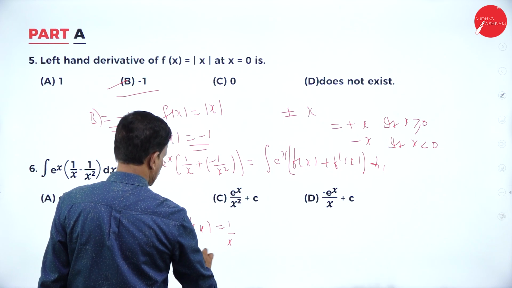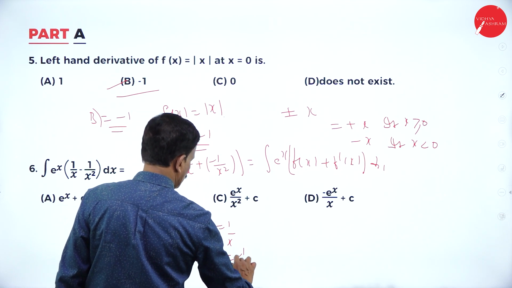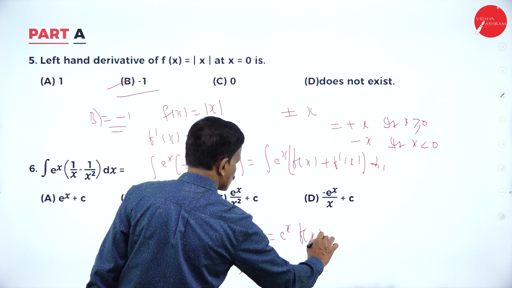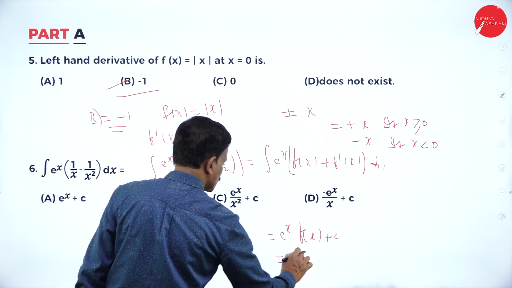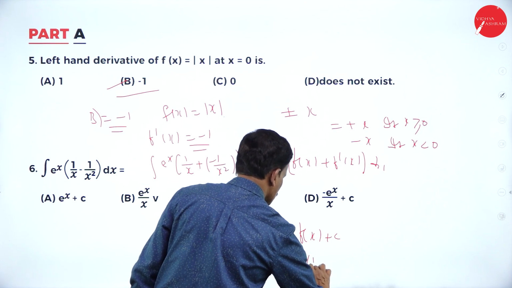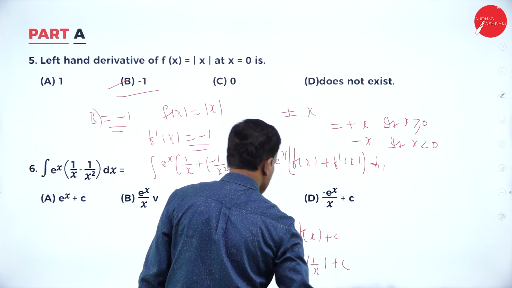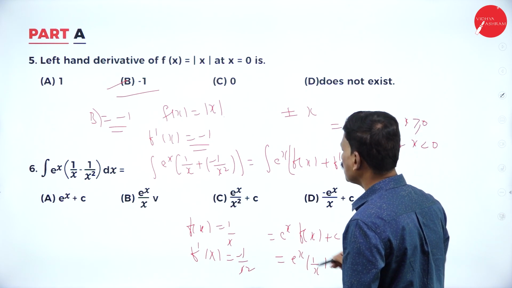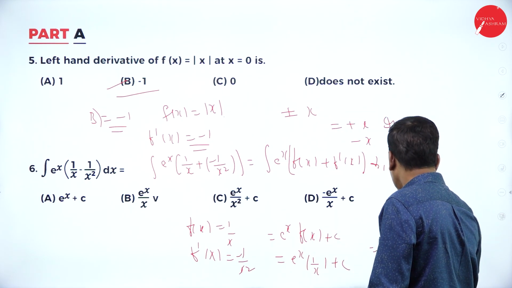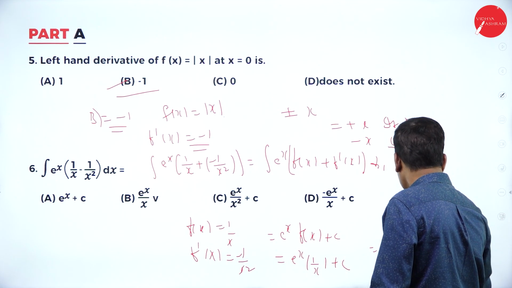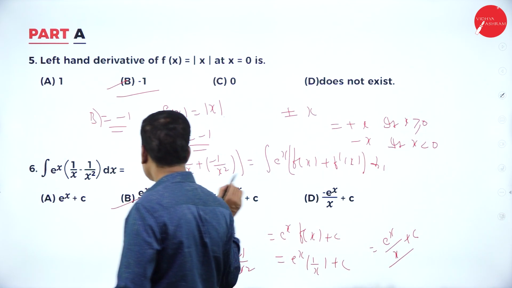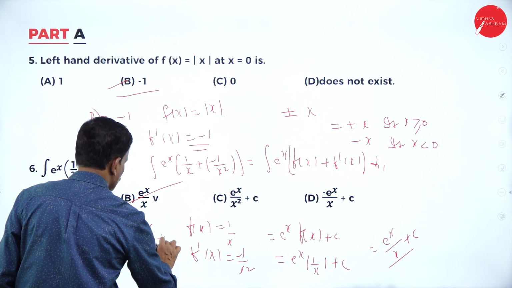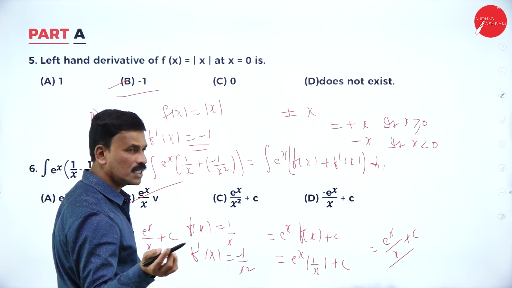If you differentiate this, f dash of x is equal to minus 1 by x square. So the formula is e power x f of x plus c. What is f of x? 1 over x. So the answer is e power x into 1 over x plus c. So this is the integrated answer, option B, that is nothing but e power x by x plus c. Now move on to the next problem.